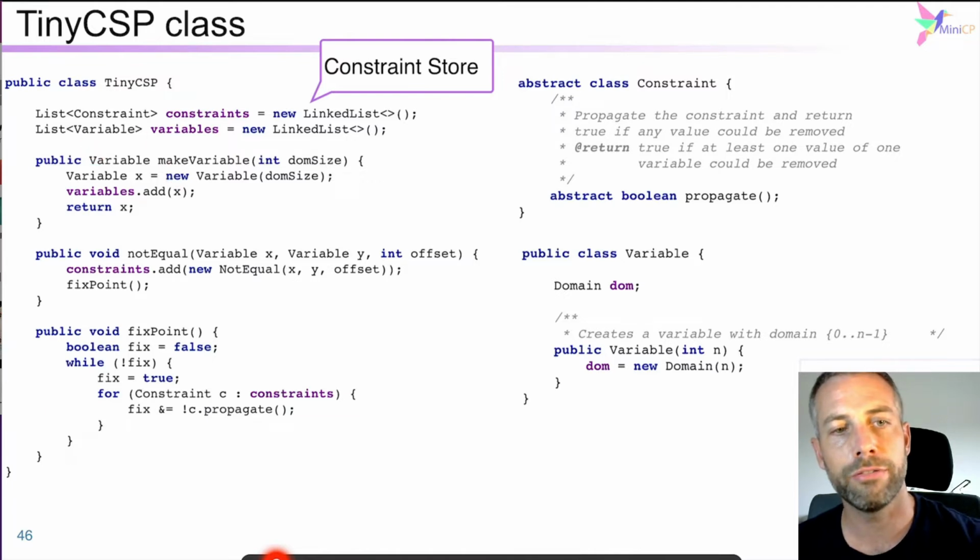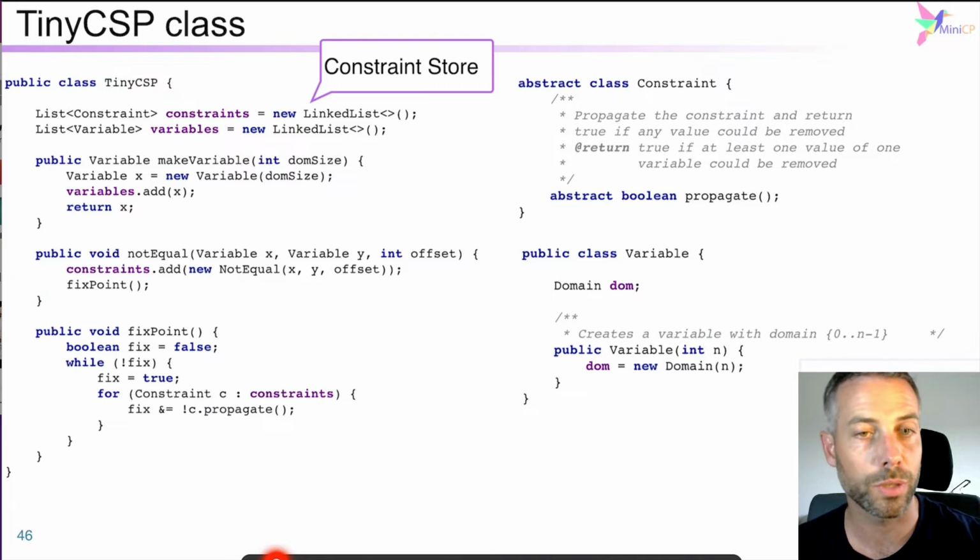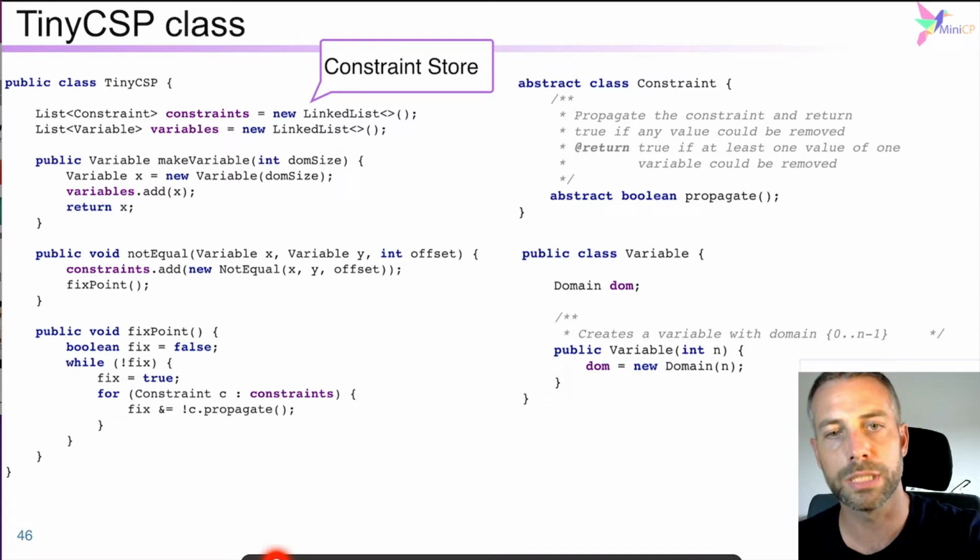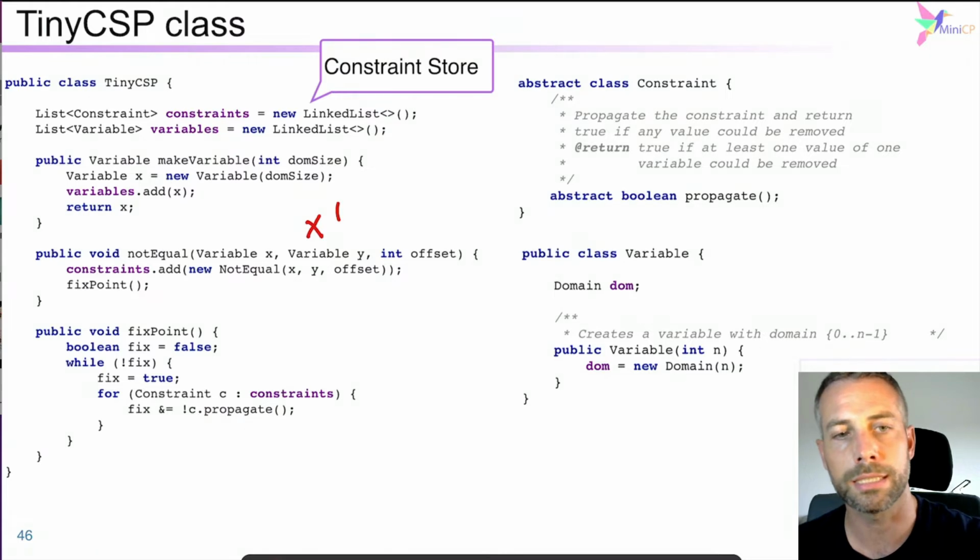And we have also some methods that will create the constraints. Inside TinyCSP, we have just one type of constraint. We have the not equal constraint with a possible offset. So that's the constraint x different than y plus offset. But you could imagine adding more constraints inside this class if you want to enrich your solver a little bit.